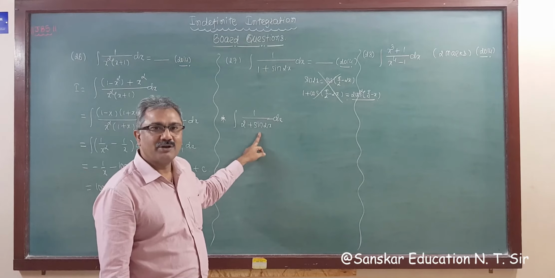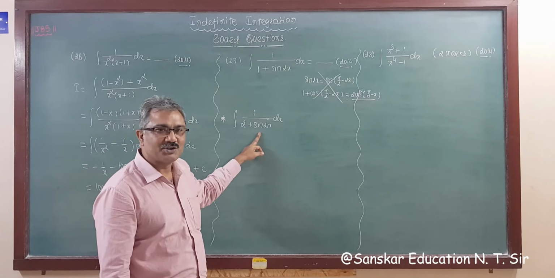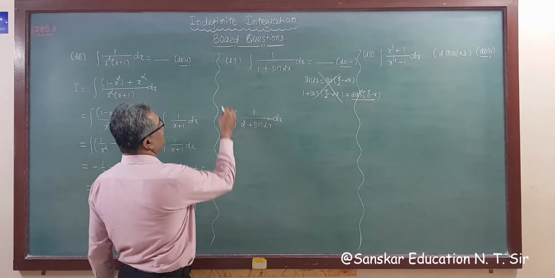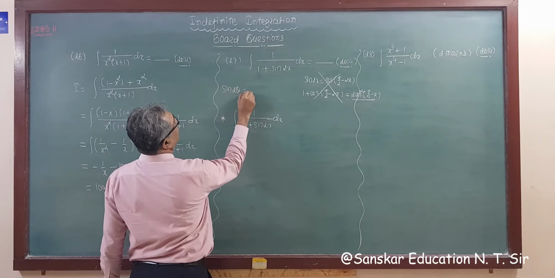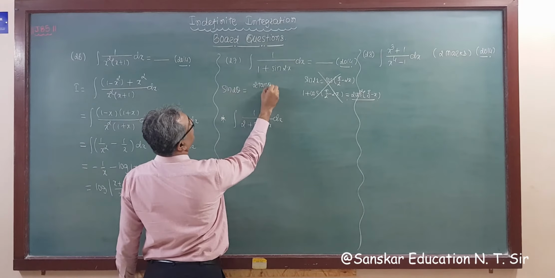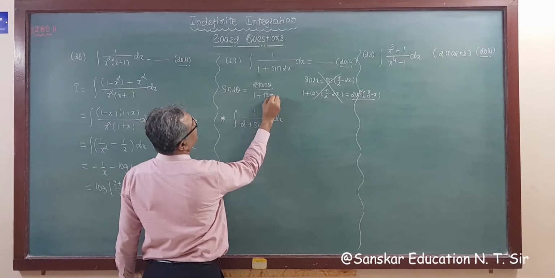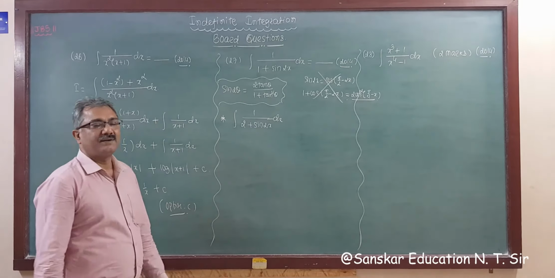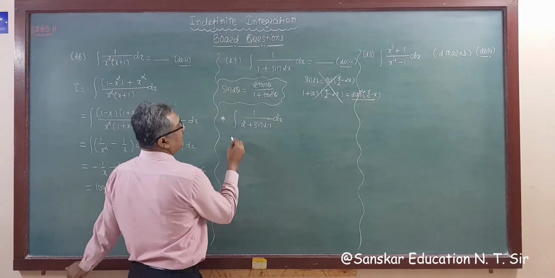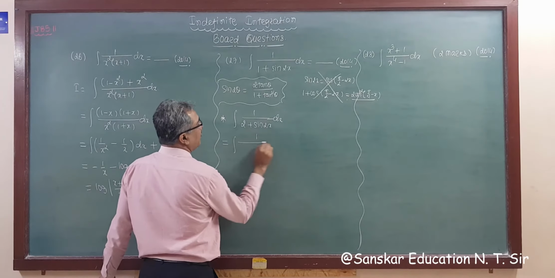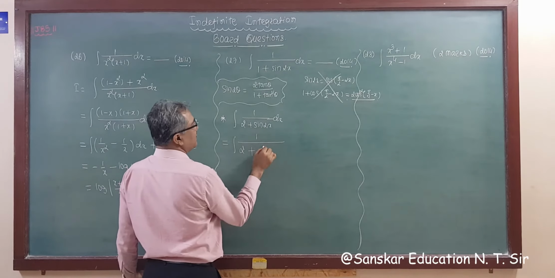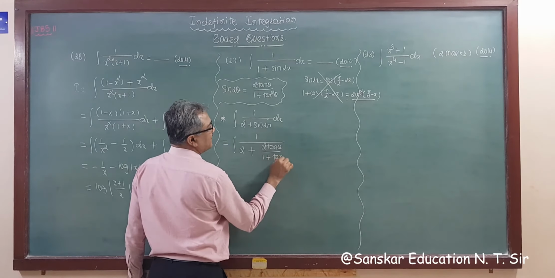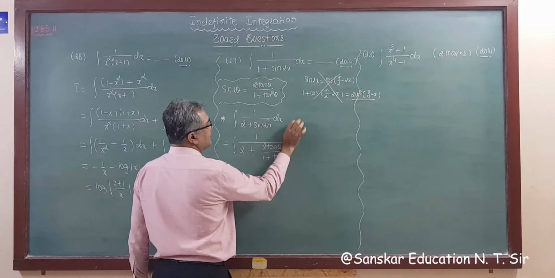Right? That means you have to apply another formula. Think of all possible formulas for sine: sine 2 theta is 2t upon 1 plus t square. This is one formula: sine 2 theta is 2 tan theta upon 1 plus tan square theta. This is another formula. Right? So applying this formula here, what do we get? This will be the integration of 1 upon 2 plus sine 2x, which is 2 tan x upon 1 plus tan square x, dx.